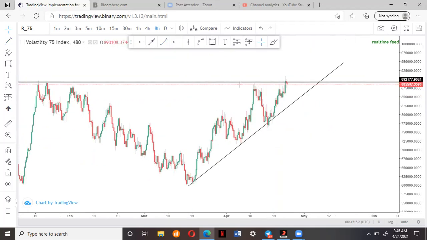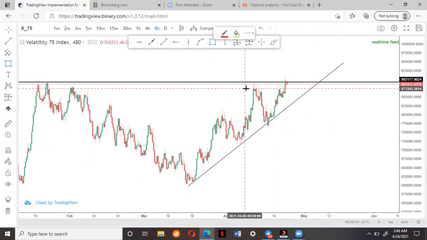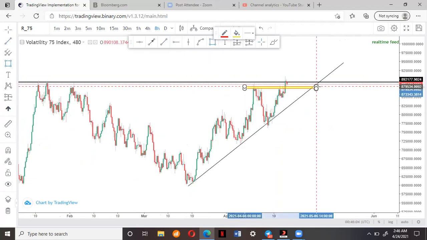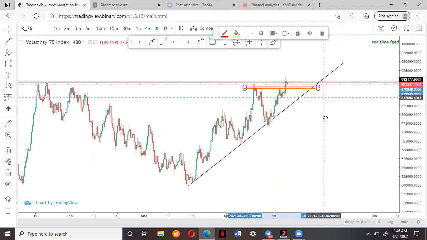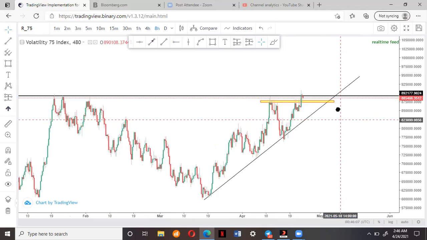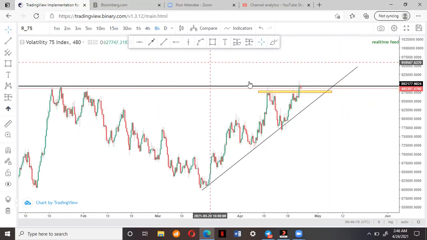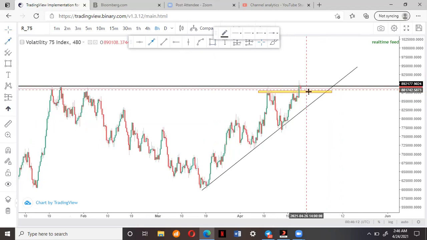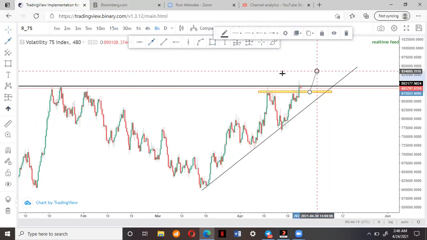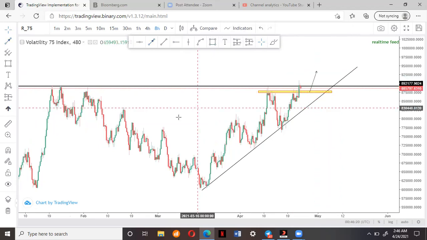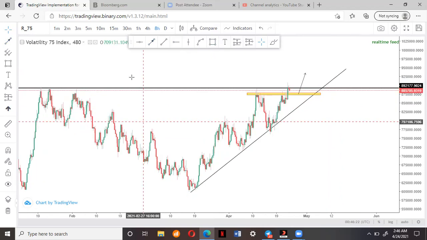We are still going for a break in this structure. Yeah, we're coming for another high there, a new high.